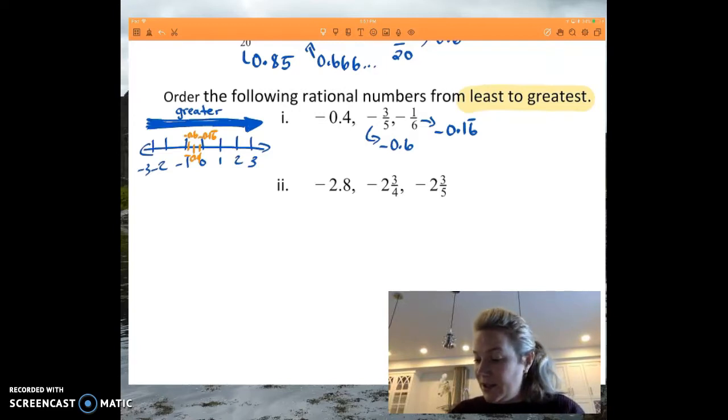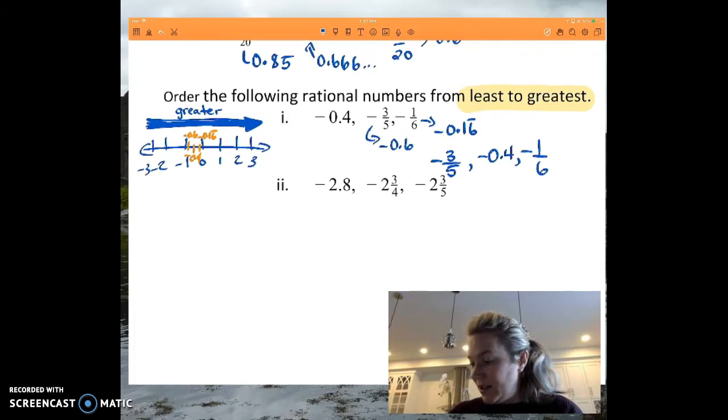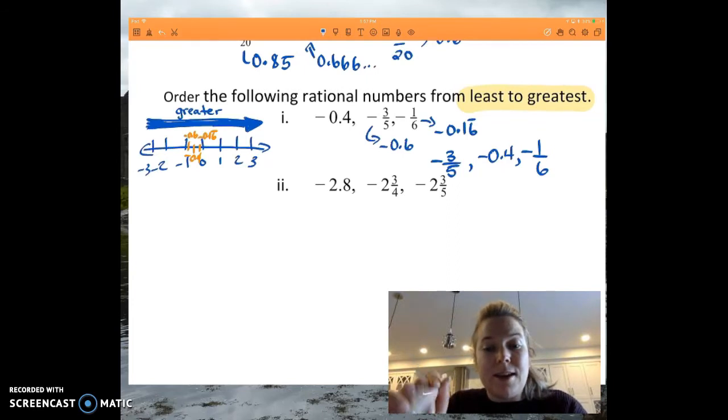So in this case, the answer is going to be negative 3 over 5, negative 0.4, and negative 1 over 6. Do you notice how I wrote those in the same format they were given in the question, not in their decimal equivalents if they're not already decimals? That's a proper format for writing an answer, and I'll be looking for that on assessments.